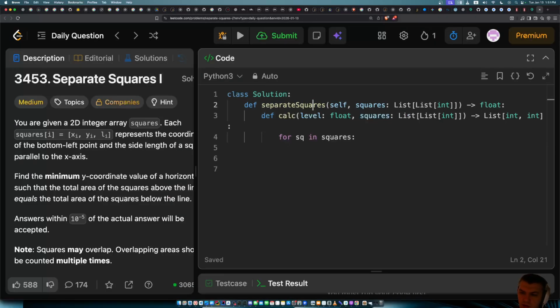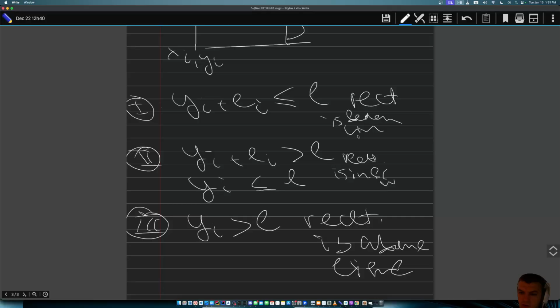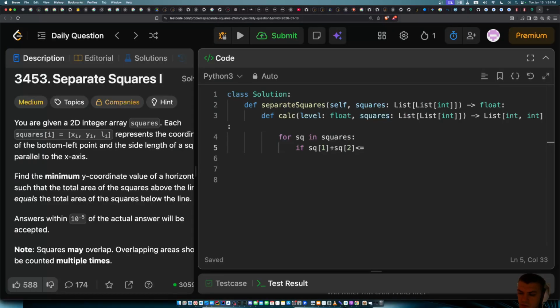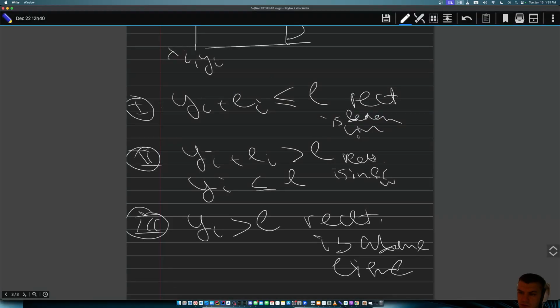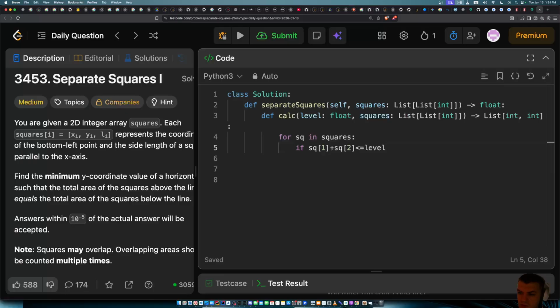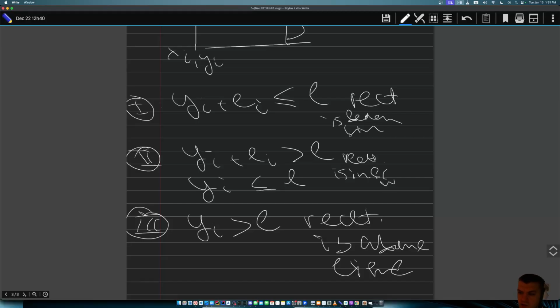So I'll do, if square 1 plus square 2 is less or equal to level, then I'll update that the rectangle is below the line.